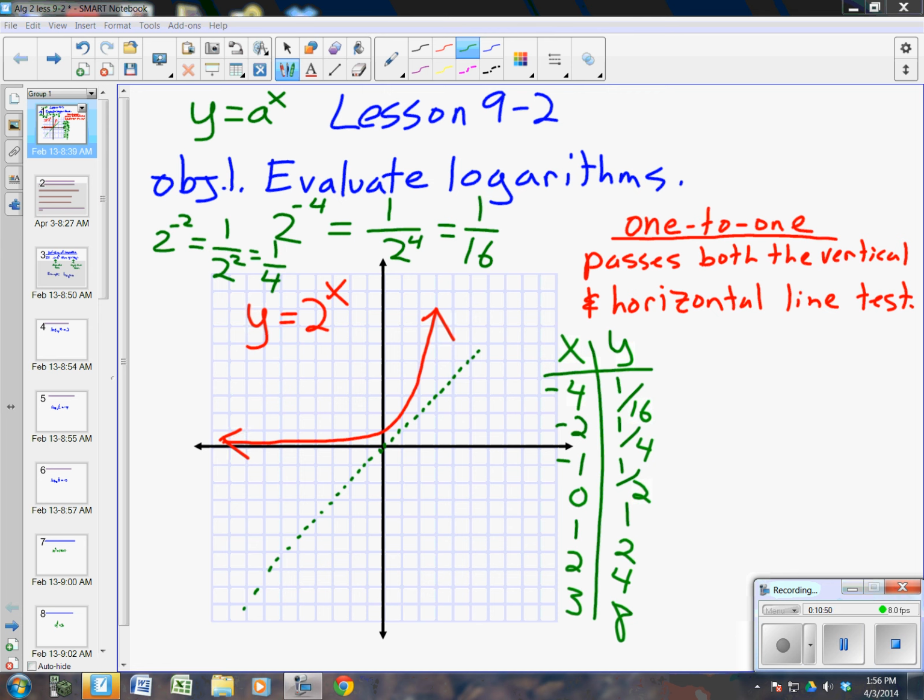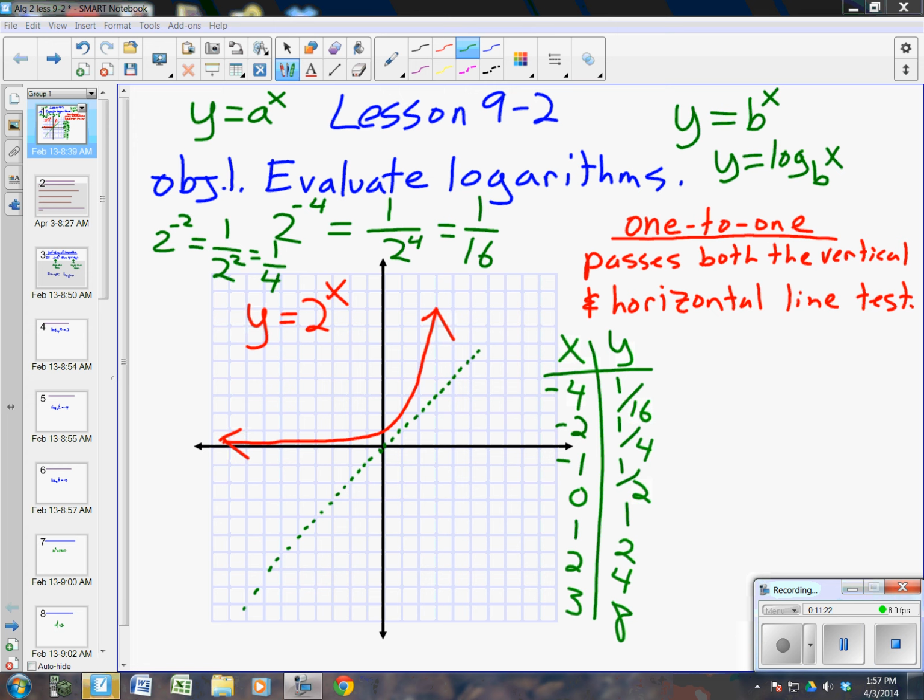The inverse of y equals a to the x, an exponential function, is a logarithmic function, which would be written as y equals log base a of x. Instead of using a, I'm going to use b, because in your book they always use b. So we're going to write y equals b to the x, y equals log base b of x.